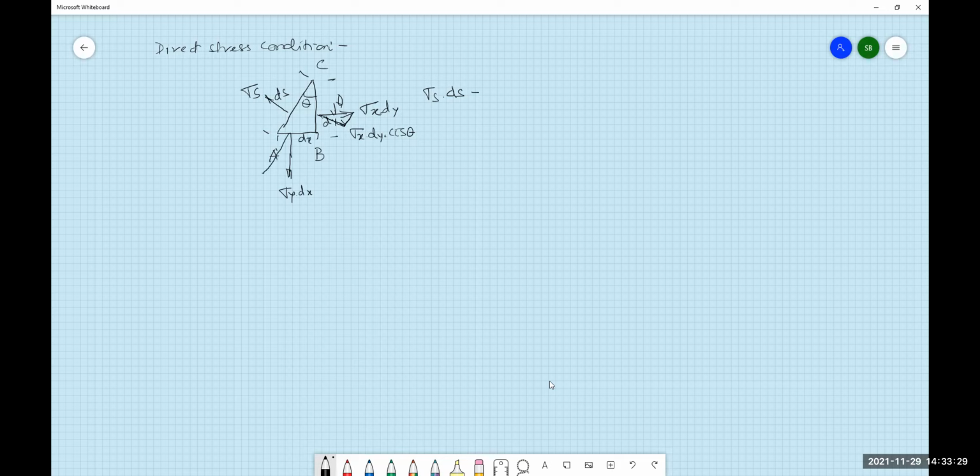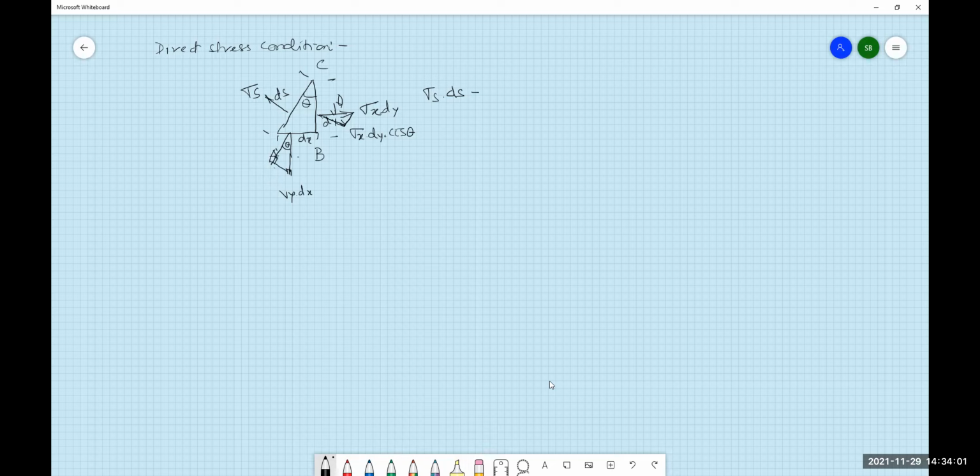which is at an angle theta, and then the sigma y, this is vertical and this is hypotenuse.